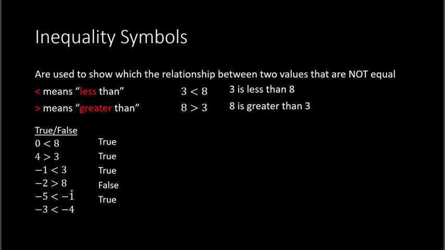That is not a true statement because -4 is smaller. -4 is more negative. So it's not a true statement, so therefore it would be false. And lastly, we have 1/3 and 1/2, and in English we would say 1/3 is less than 1/2. Now that is a true statement. 1/3 is smaller than 1/2. So this one would be true.